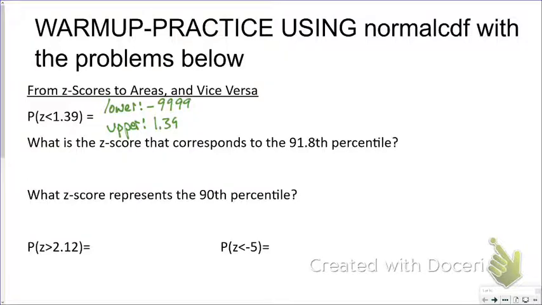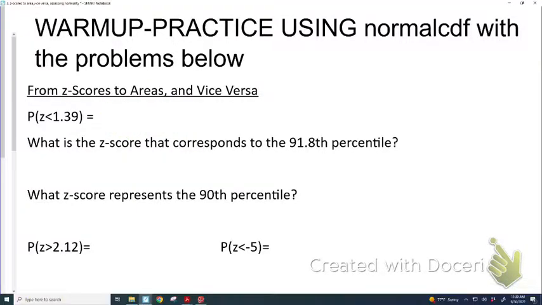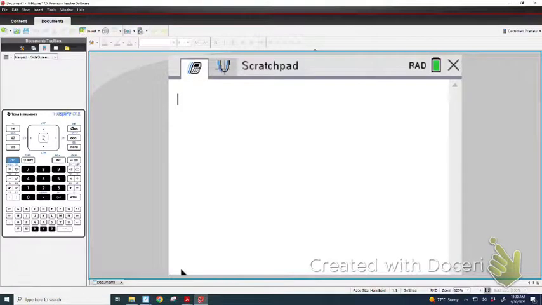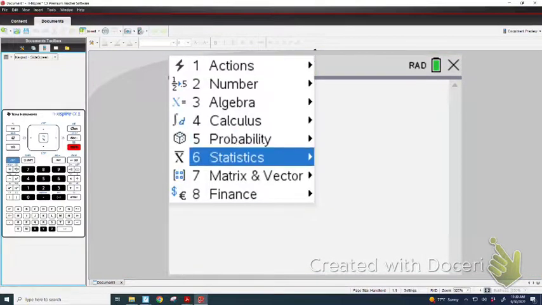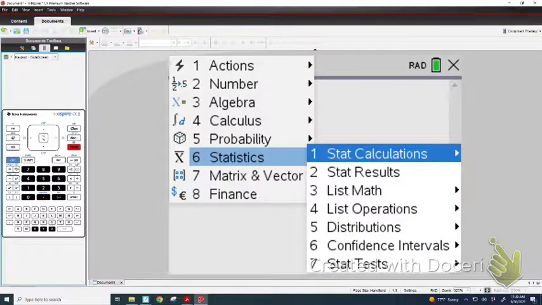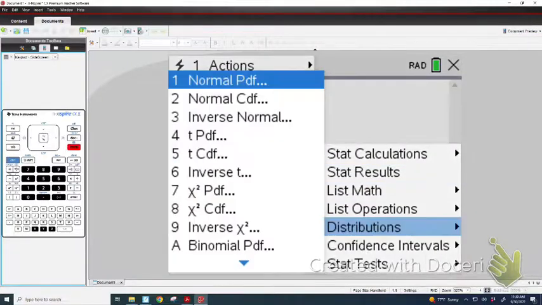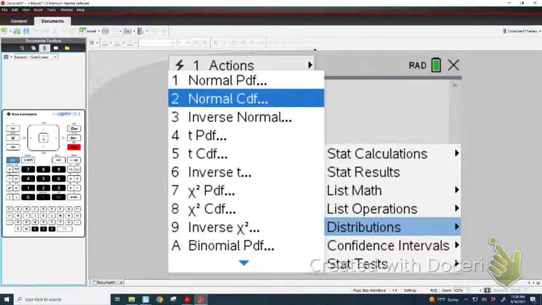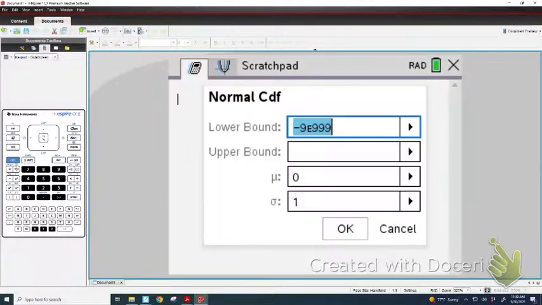So on the calculator, I press Menu, Stats, Distributions, and I want normal CDF. Do not click PDF. I want normal CDF. And double check, because on the calculator those buttons jump around.